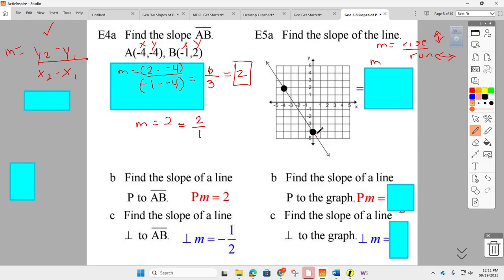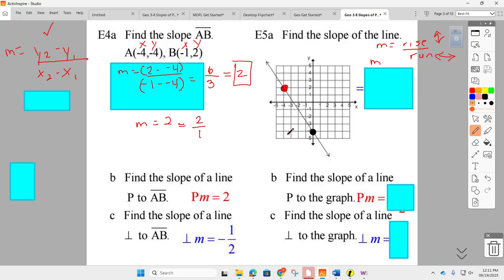So if we're using rise over run, all we have to do is count from one point to another point. So we're going to go straight up or down, depending on which point we want to start with. I can start with the top one, or I can start with the bottom one. If I start with the top point, how far do I go down until I'm even with the other point?